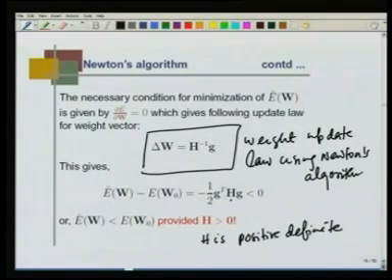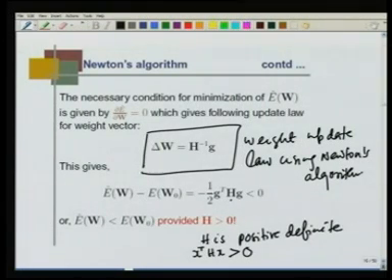I hope all of you understand the positive definite bit. If I take any vector x, x transpose H x, if H is a positive definite matrix, this quantity is always positive for any vector except the null vector. So, that is H is positive definite.